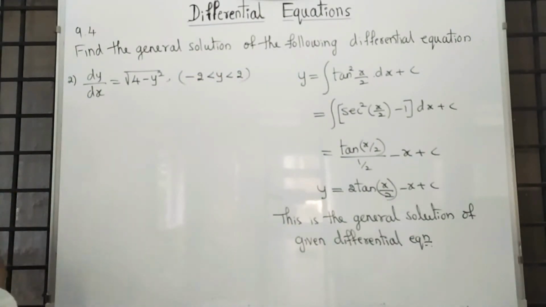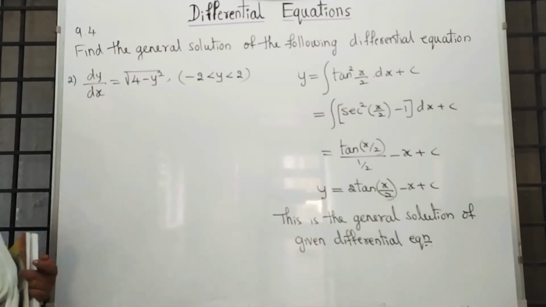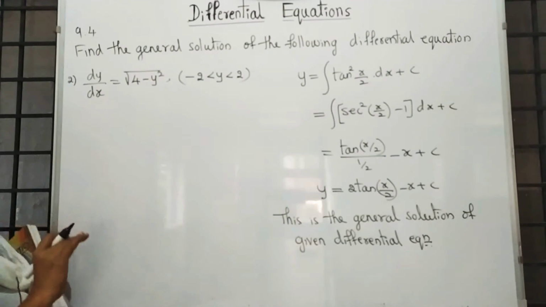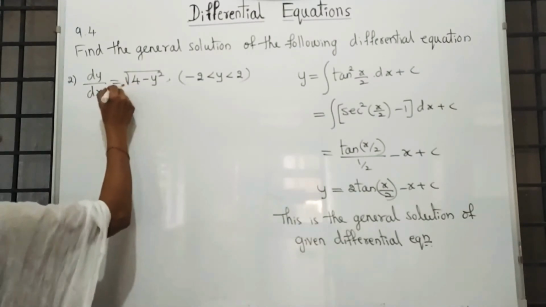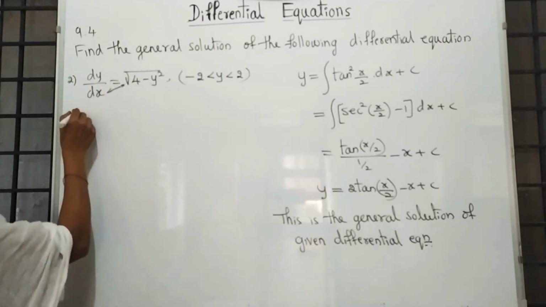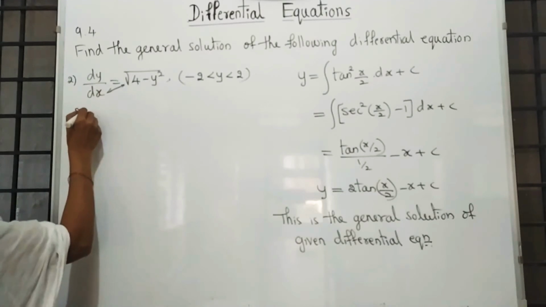Yes. Here with y we required dy, with x we required dx, and dy and dx should be in the numerator. Just interchange these two place values. Take root of 4 minus y square here and dx here.